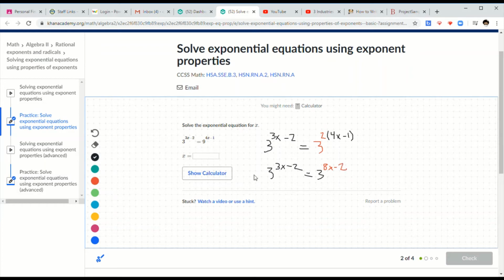Same thing, we're doing the log trick, which will cancel out the 3's. And we're left with 3x minus 2 is equal to 8x minus 2. Alright, and then you guys will solve it from here.